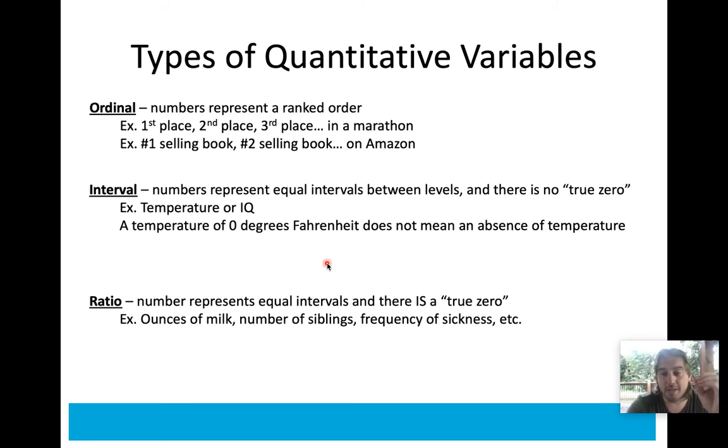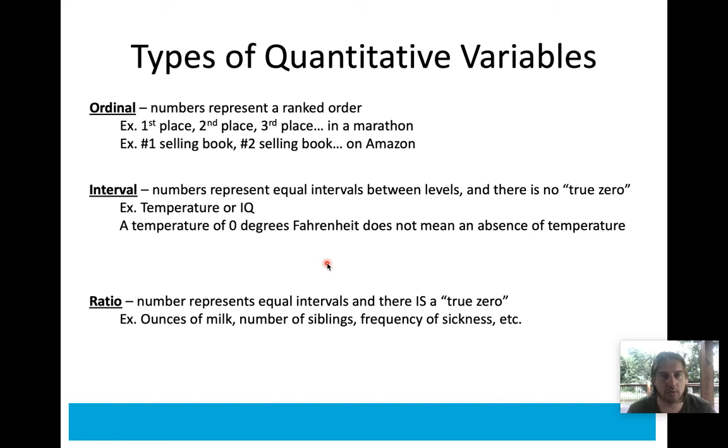Someone else might have 0 ounces of milk, and that 0 means the absence of milk, the lack of milk. So anything where, again, numbers represent equal change and equal interval along the scale, and that scale has a true 0, where 0 means the absence of the variable.